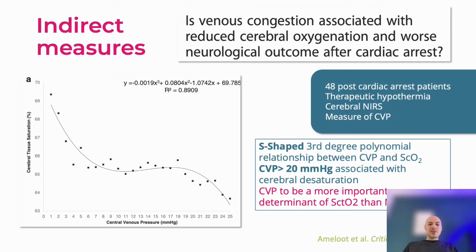So the NIRS may provide an indirect measure of cerebral venous congestion, for instance. In this study, there was a relationship between a cerebral NIRS and CVP, best described as an S-shaped regression curve, with high CVP, above 20, being associated with cerebral desaturation.